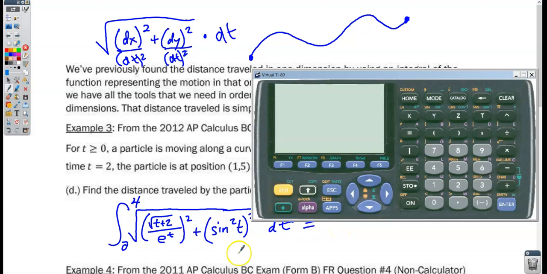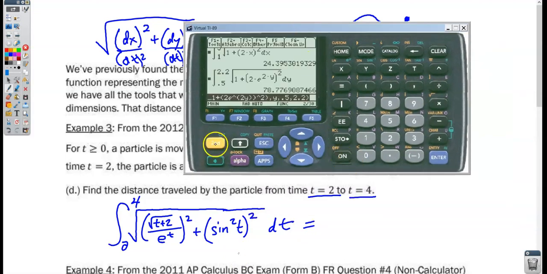Now I can just go ahead and do that using my handy dandy calculator. I'm going to enter the integral of the square root of the quantity square root of t plus 2, close the square root, divided by e to the t, close the quantity, square that quantity, plus the quantity sine of t, quantity squared, that whole quantity squared.